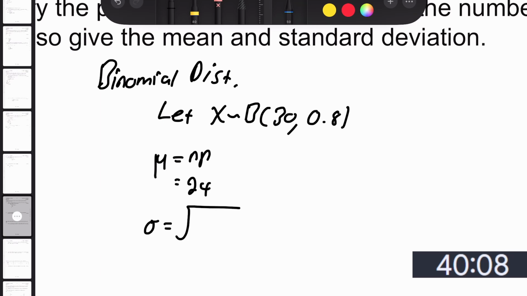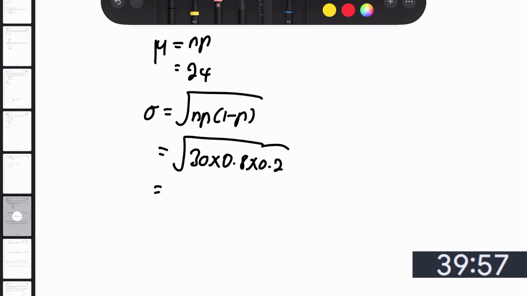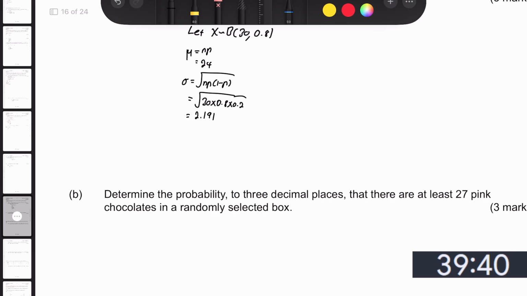Standard deviation is just going to be the square root of np(1 minus p). So that's 30 times 0.8 times 0.2, calculator. Let's see. 2 square root of 30 over 5. That makes no sense to any sensible human beings. 2.191.